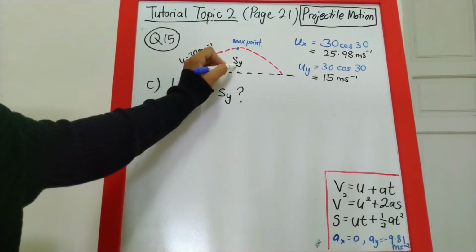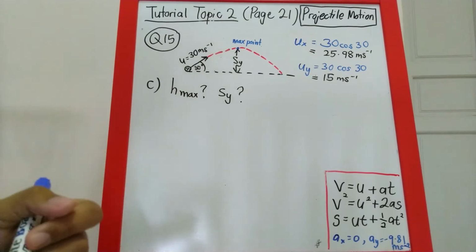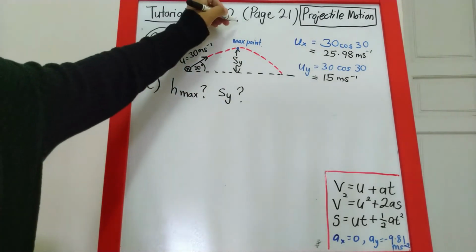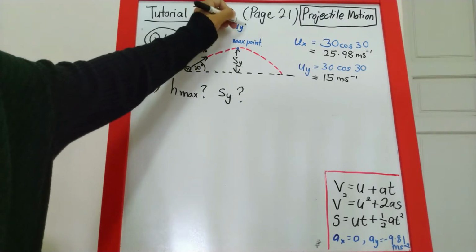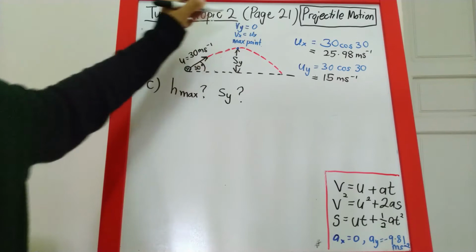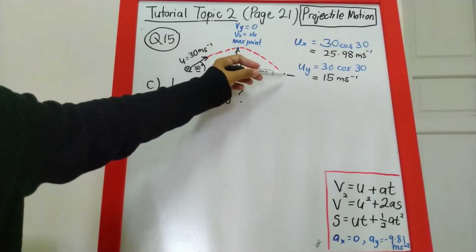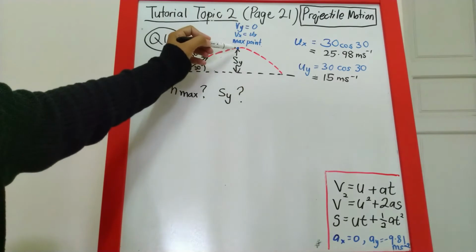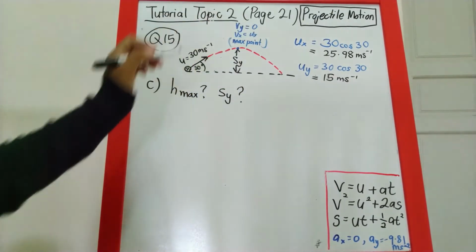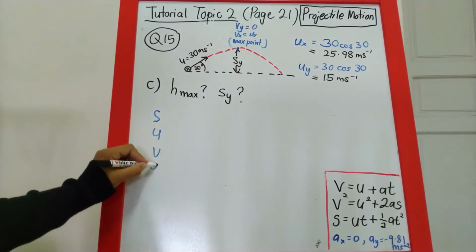The information that you need to extract at the maximum point is Vy equals 0, and Vx will always equal Ux. Vx equals Ux throughout the projection, but at maximum, Vy will equal 0.